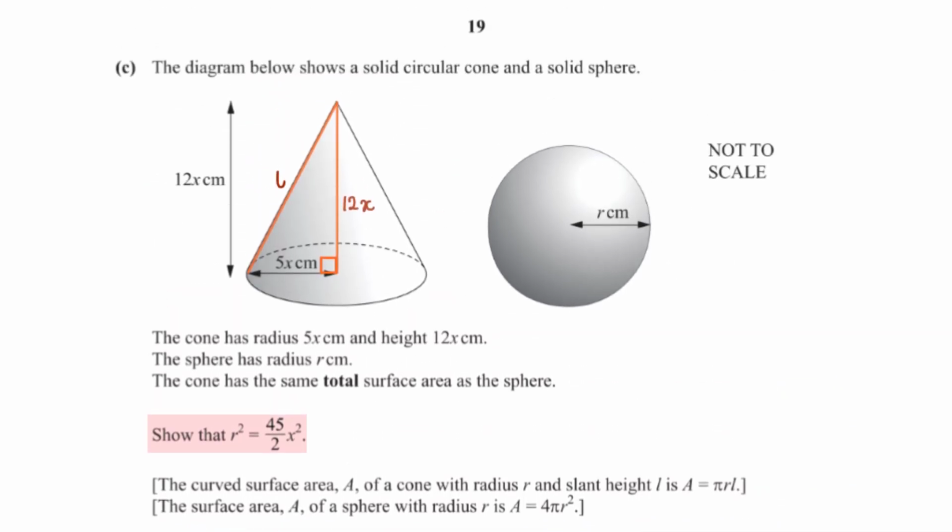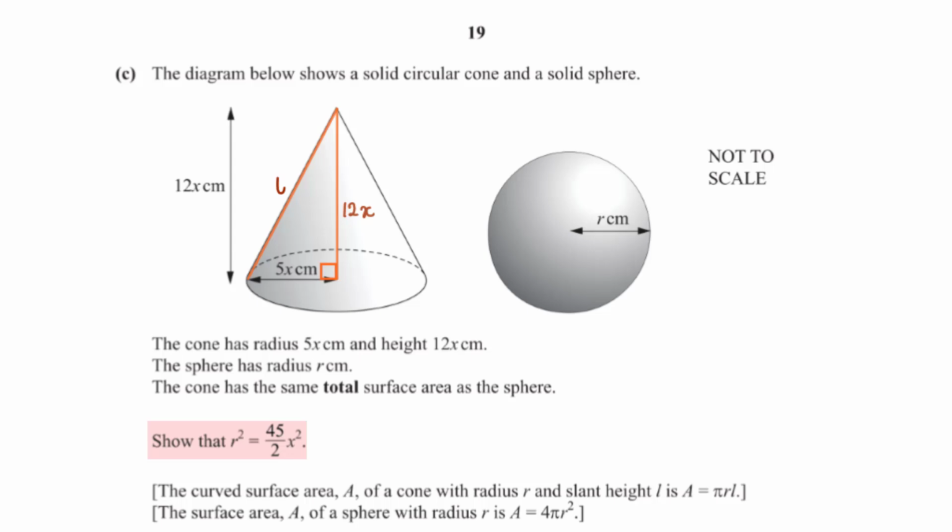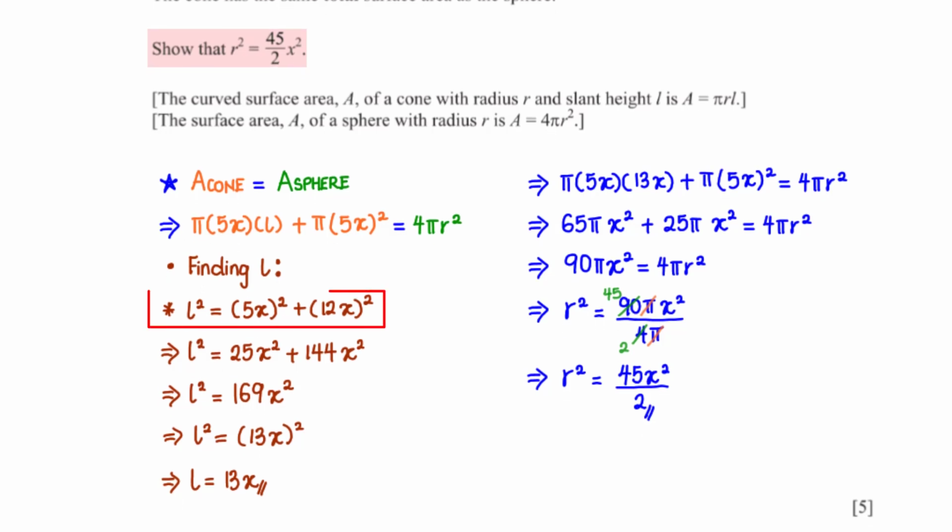From the illustration, we see that we can find L by applying the Pythagoras theorem. This gives us L squared equals (5x) squared plus (12x) squared. (5x) squared is 25x squared and (12x) squared is 144x squared. 25x squared plus 144x squared is 169x squared. 169 is a perfect square, so we can rewrite 169x squared as (13x) all squared.